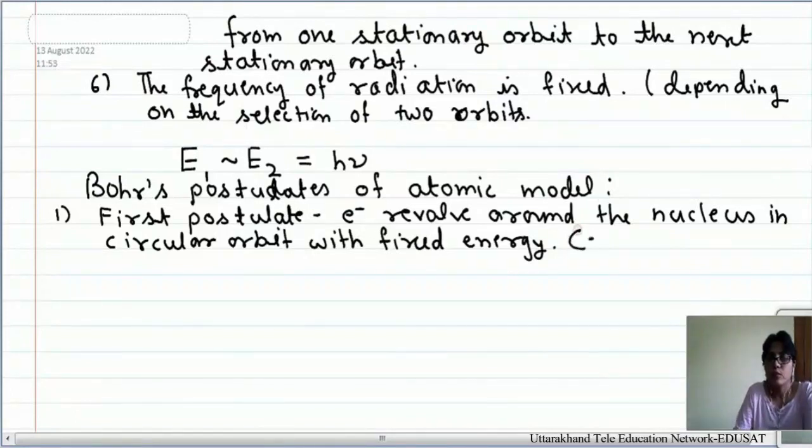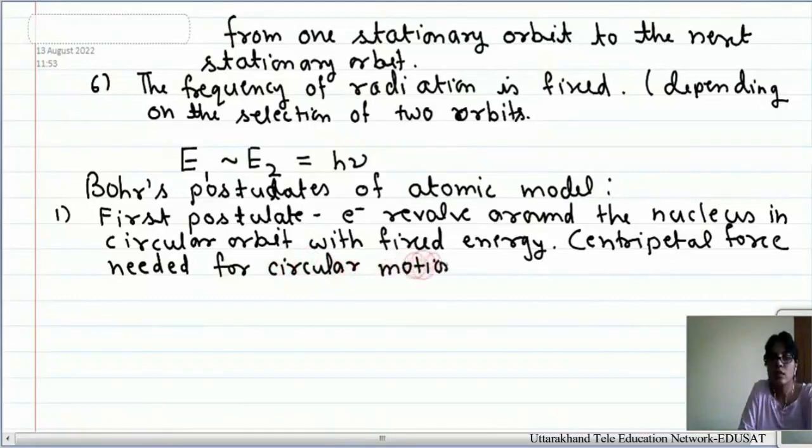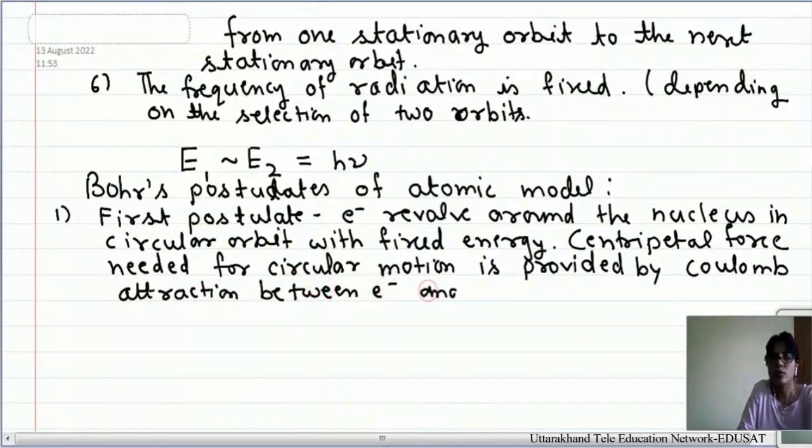So the centripetal force needed for circular motion is provided by Coulomb attraction between electron and nucleus.